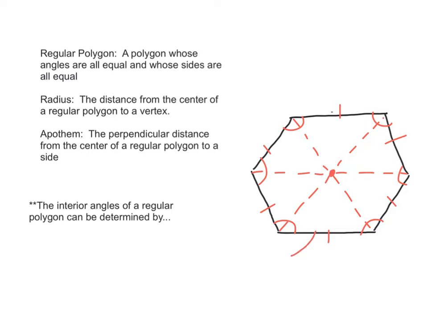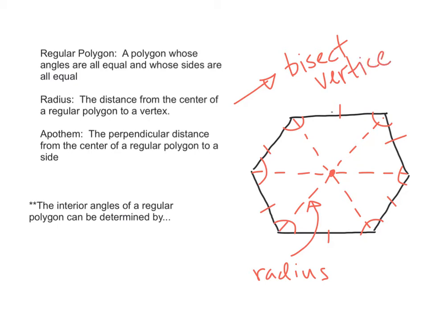Okay, so that's a radius right there. Okay, and those are all congruent, those radii right there. And the radii actually do something kind of unique in a regular polygon, in that they split the angles in half. Okay, they bisect vertices. That's important right there.